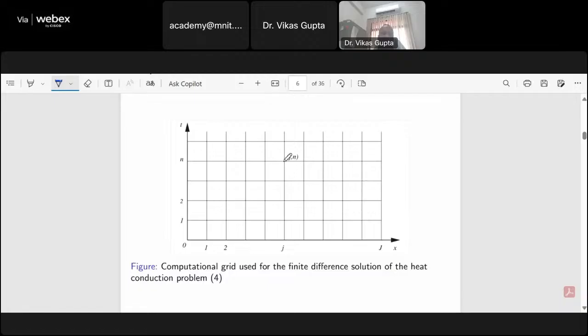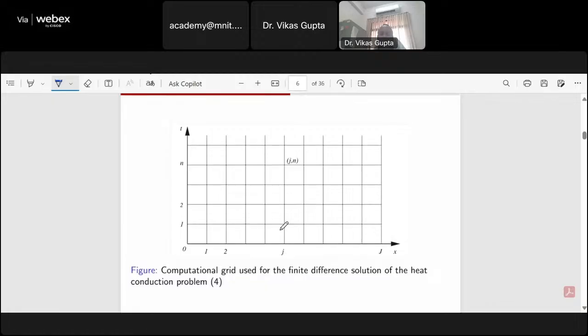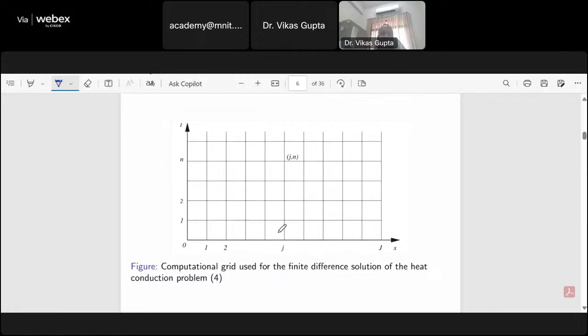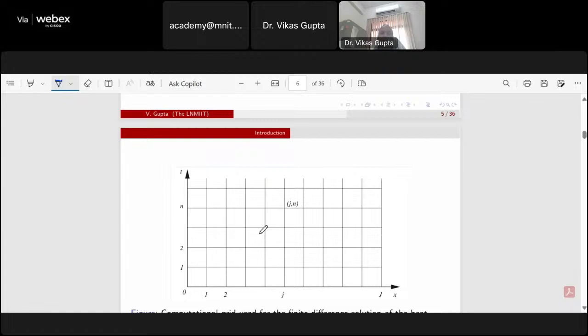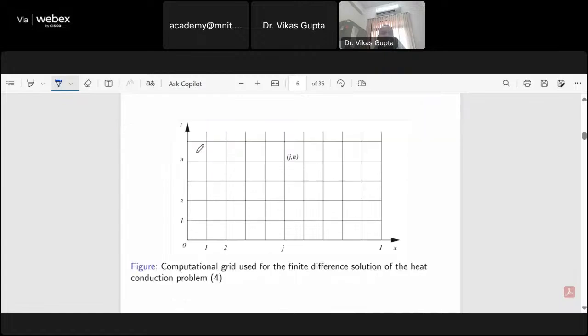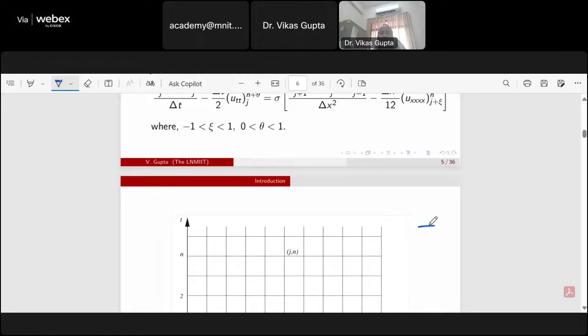This is the computational grid which we are using to construct the finite difference scheme. So we have a rectangular domain, and the final time we consider as some final time which we denote by capital T.